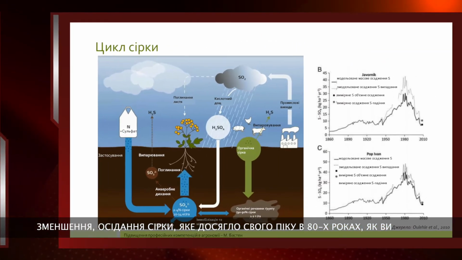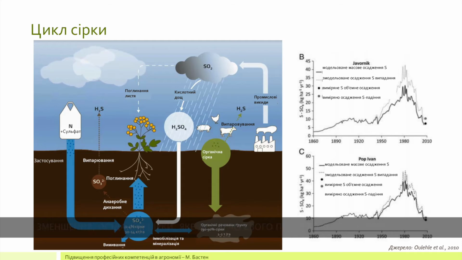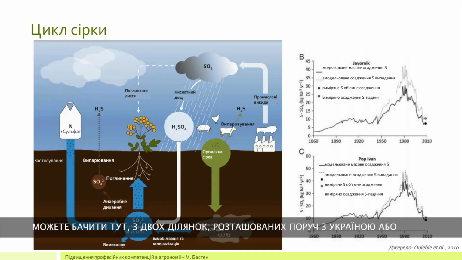And because of the implementation of this abatement technology, the sulfur deposition, which peaked in the 80s, as you can see here from two sites close to Ukraine or even in Ukraine, peaked in this area at a rate of 35 to 40 or even 40 to 50 kilograms sulfur, sulfate sulfur per hectare.